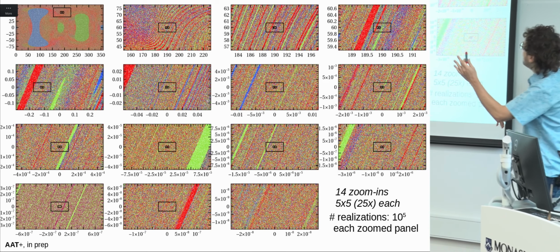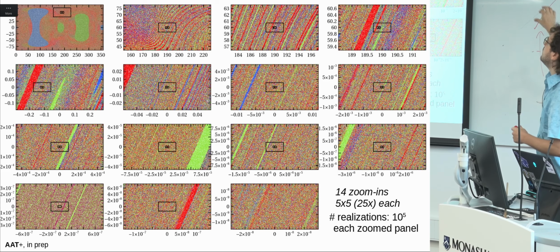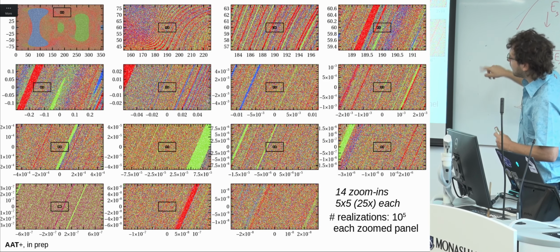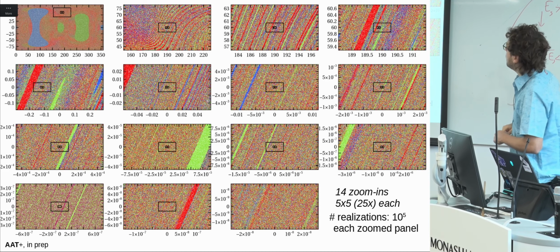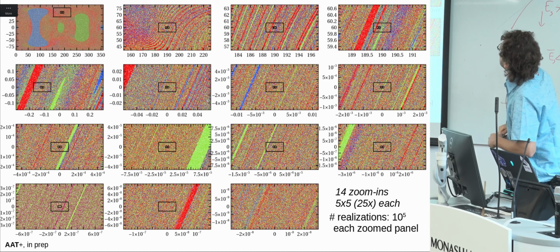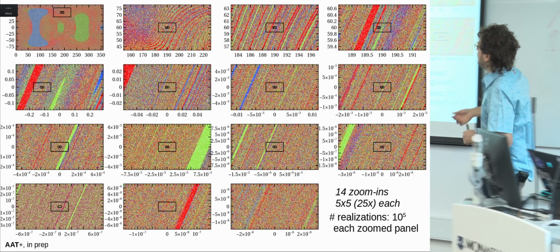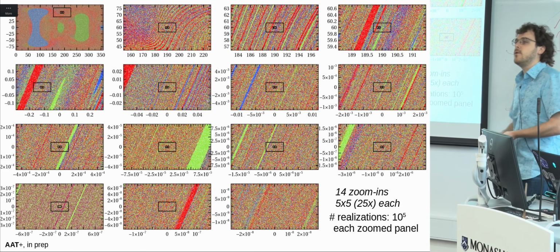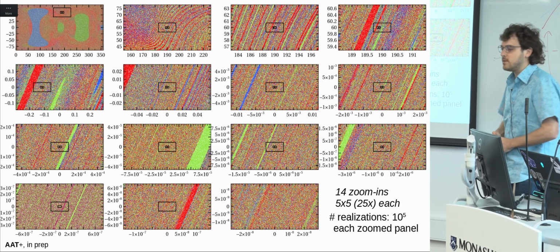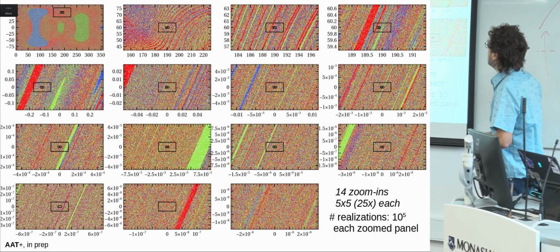What you see from left to right and from top to bottom is this series of zoom-ins, by 5 times, 25 times zoom each, in this phase space. And you see the emergence of structure. There is no real sea of chaos, a zone in the phase space where all the interactions are completely chaotic. There would be a uniform color if there were no structure at all in the phase space.